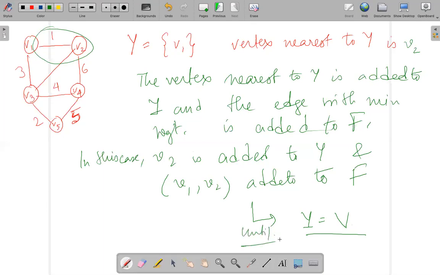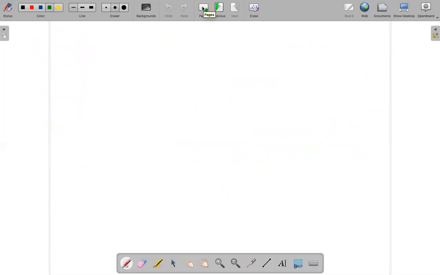So this in a nutshell is the Prim's algorithm. Now we can write a little bit better formulation of the Prim's algorithm. Now the 10,000 feet overview will change into a 1,000 feet overview.